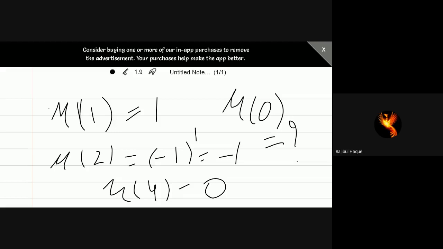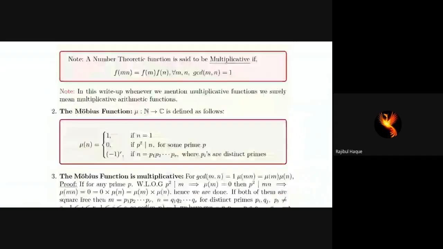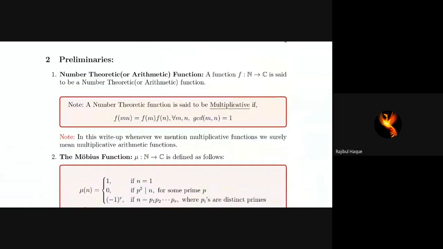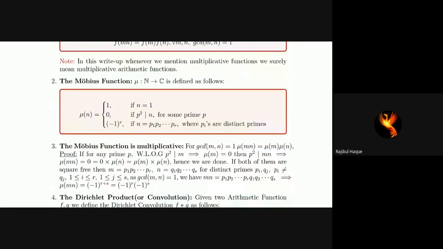As we first defined mu, it was an arithmetic function, and an arithmetic function is defined from the set of natural numbers to the set of complex numbers. 0 doesn't belong to the set of natural numbers, so mu is not defined for 0. We can't say anything about mu of 0, because it is not defined. So yes, that's absolutely right. I think it was Rajibul. Thank you, Rajibul.